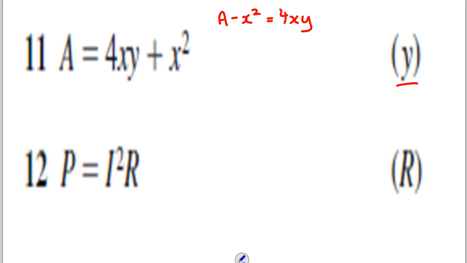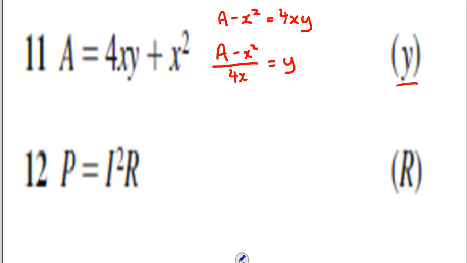So we've subtracted x squared from both sides. Now we want to get y by itself, so we need to just divide both sides by, have a think. That's right, 4x. So go a minus x squared over 4x equals y.